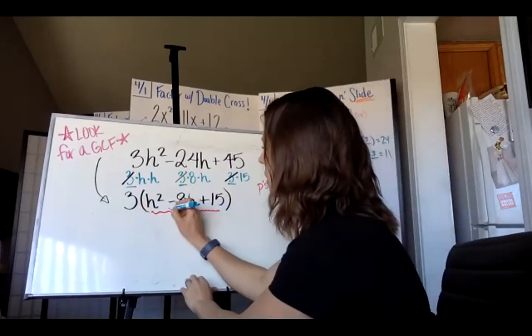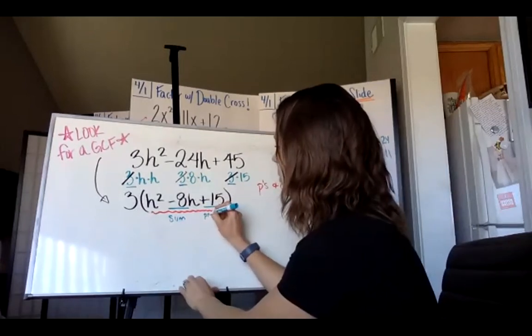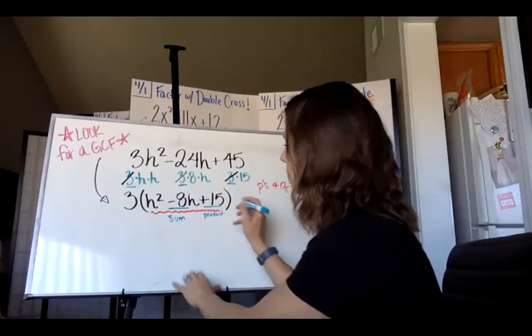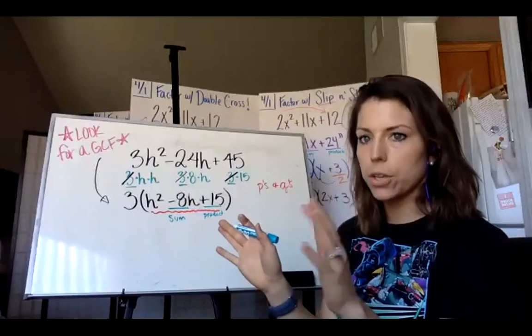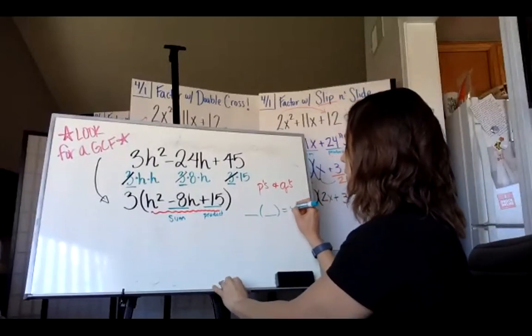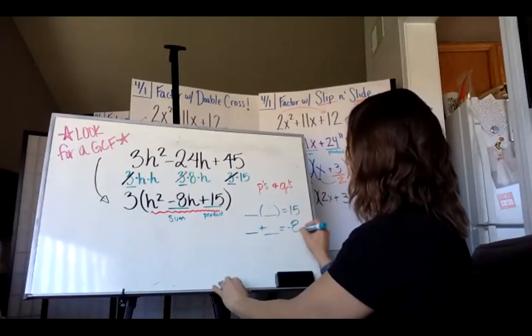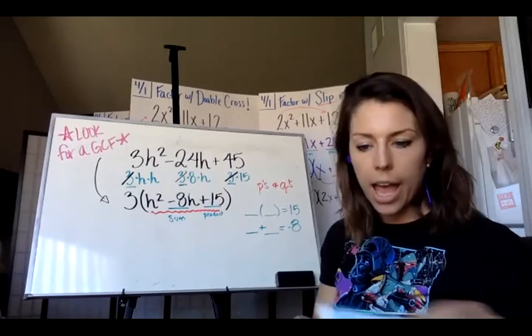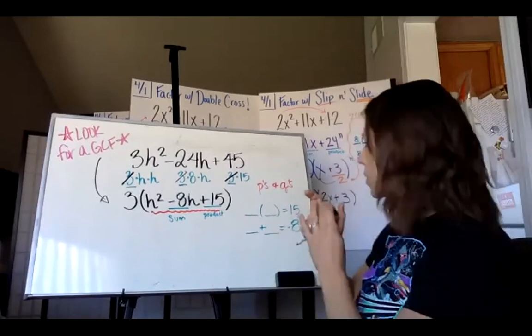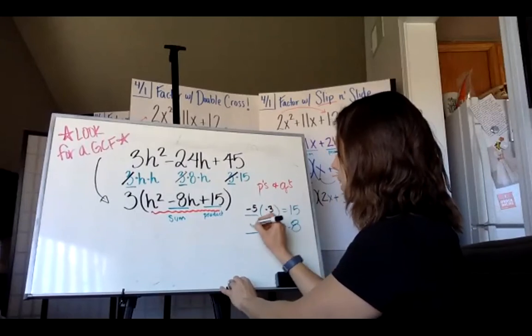The middle term is the sum, and the ending term is the product. That's still the same. P's and Q's, sum and product. So now what times what is 15, that when I add them together, I get -8? I happen to know that those two numbers are -5 and -3.